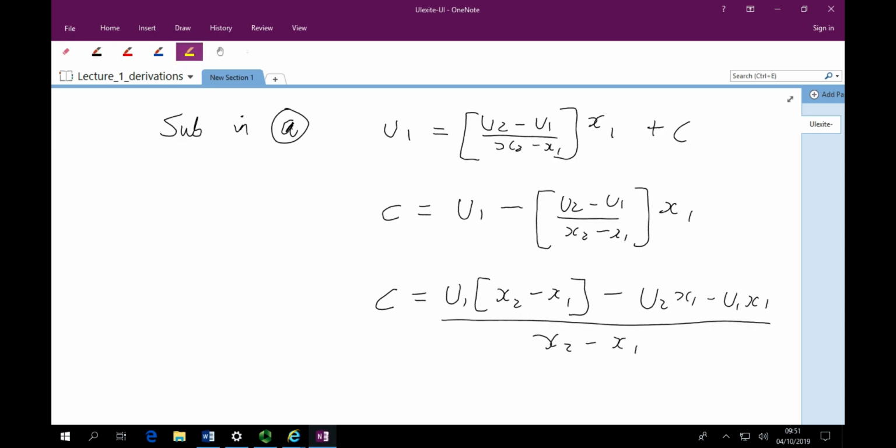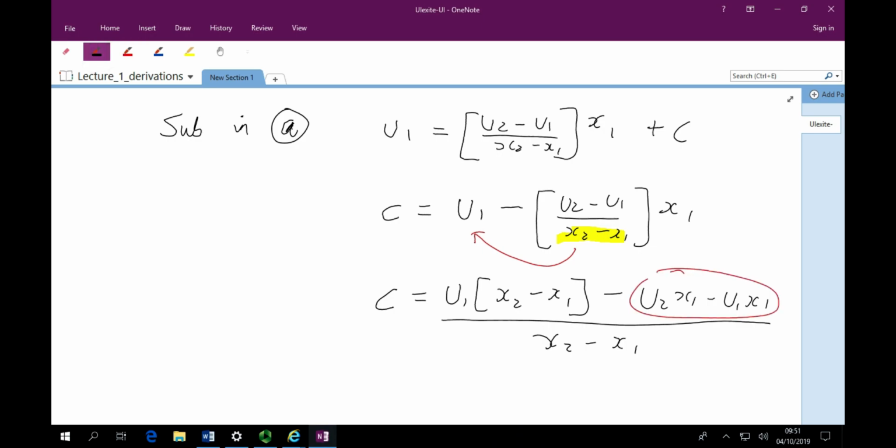So all we've done here is take this common denominator and multiply u1 by it, and then multiply out the bracket on the right here to give these two expressions.